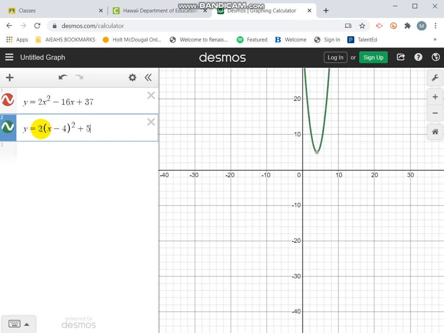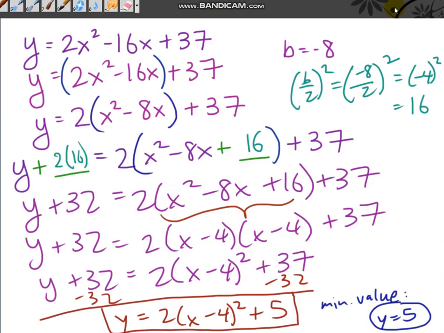As you see, the green curve goes right on the red curve, so that means we have completed the square correctly. If you look at this graph here, it has a minimum value of y equals 5. It doesn't go anywhere past that. That is our minimum value. It goes no lower than y equals 5. And that is exactly what we have here.